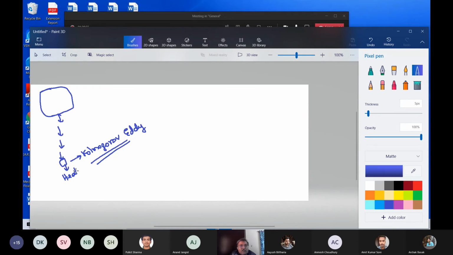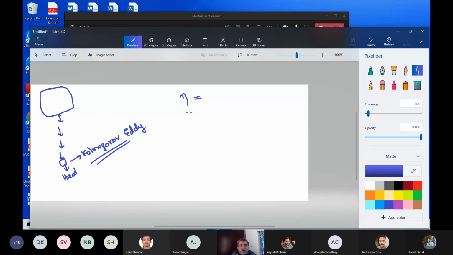Now, why Kolmogorov became so famous is because, as I told you, the whole thing is vague. You must be feeling it by now. How do you get some idea about what is going on in this process? So what he said was that the smallest eddy, let us assume its size is eta, must depend upon a couple of factors.